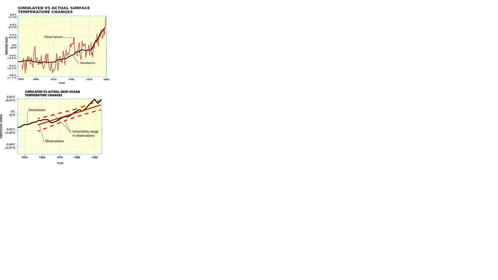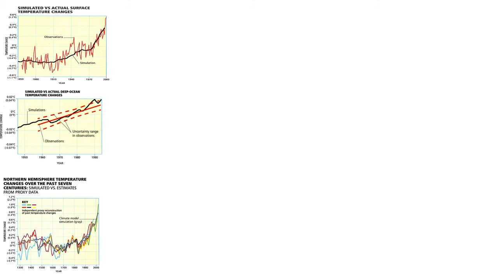Then the deep ocean temperatures model simulation during the past half century shows the uncertainty in the range of observations. During this shorter period, when deep ocean temperature observations are available, experiments are done to compare the model-simulated change in ocean heat content with what has been observed.